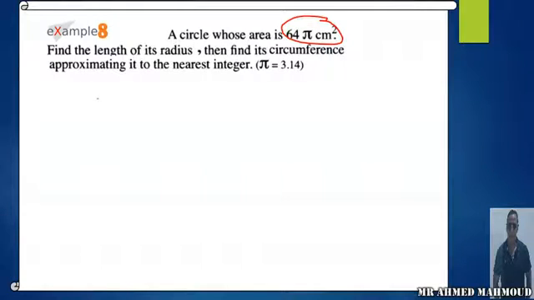Then I will write A equal 64 pi. Okay, and I will change A to write its rule. It will be pi times r power of 2 equal 64 pi.